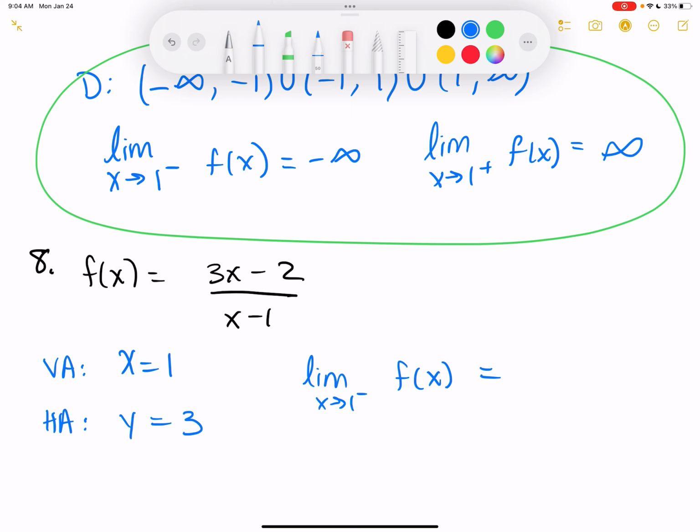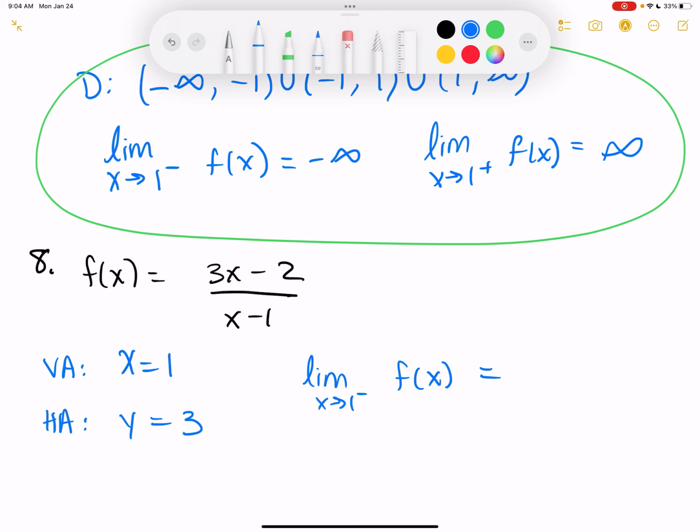Notice because you have an x on top and bottom, you've got to pay attention to that. So you might really want to plug it into your calculator and see what you're getting, positive or negative at least, because you know it's got to go to infinity.